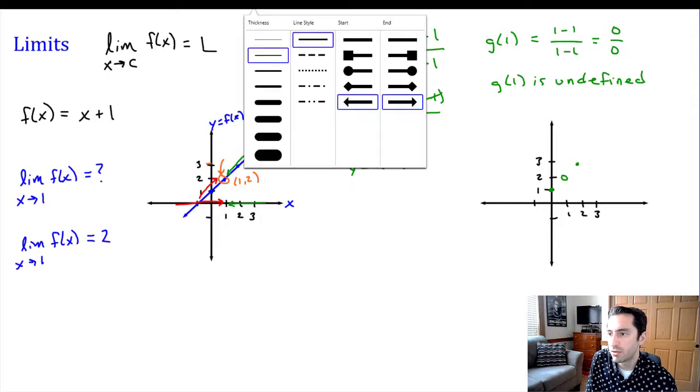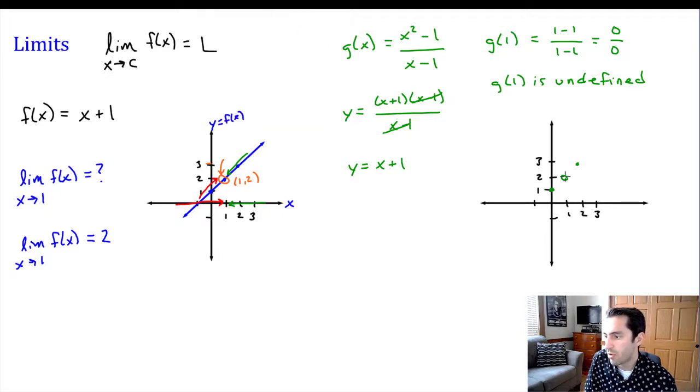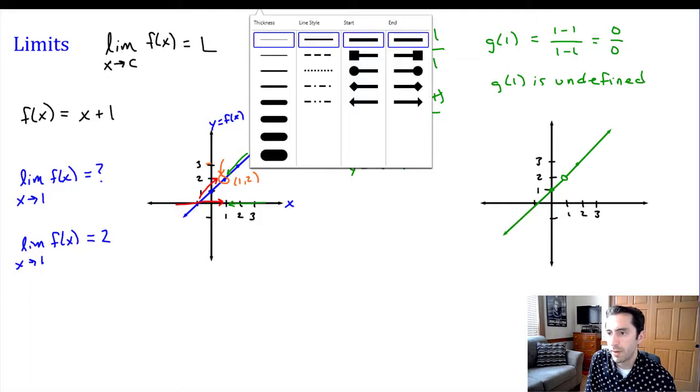And now let's graph this. So we just need to make sure that we keep the hole in our graph. So we can start from the hole and go this direction, and then on the other side, like so. Okay.